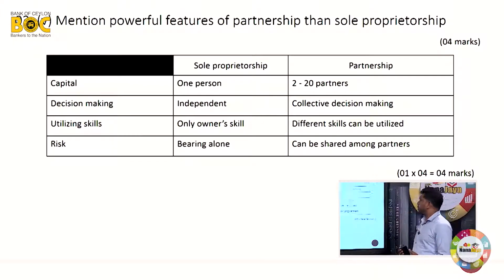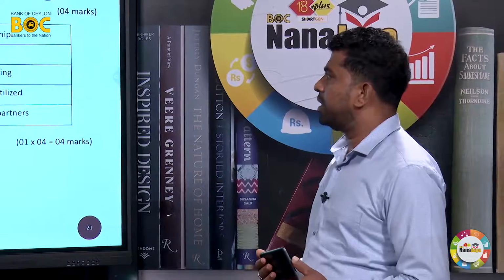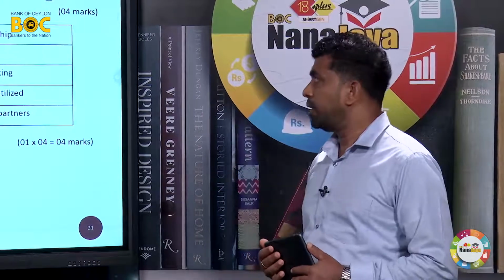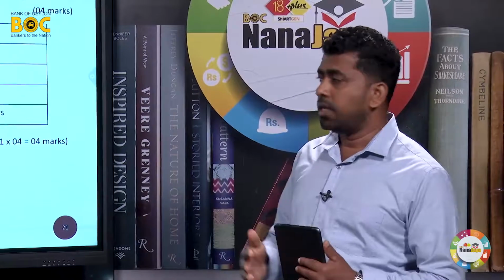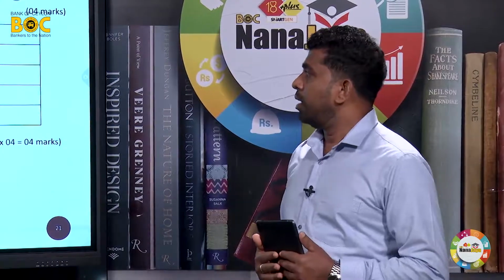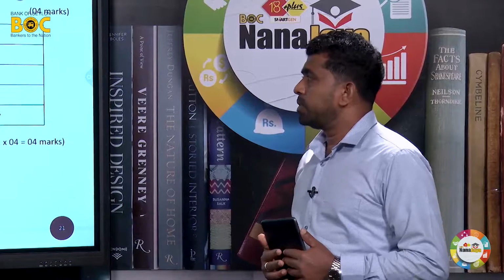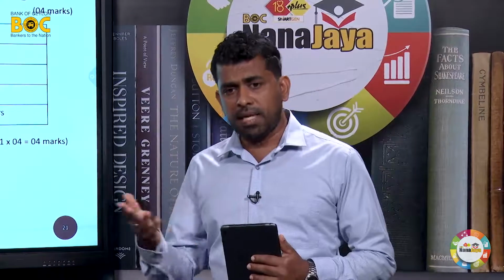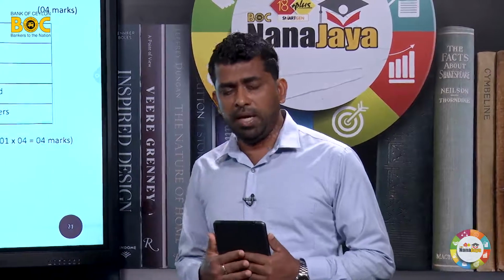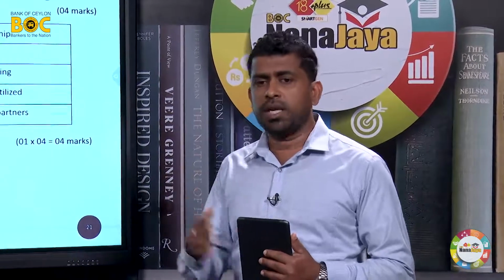In a sole proprietorship, capital is invested by one person, but in a partnership, there are 2 to 20 partners to invest capital. In sole proprietorships, decisions are taken only by the owner. There is independent decision making, so those decisions may not be correct always.